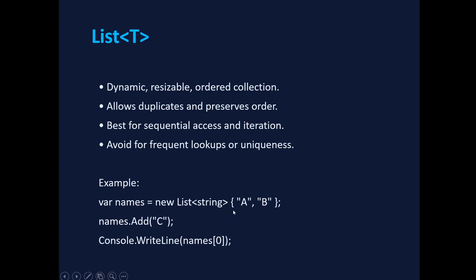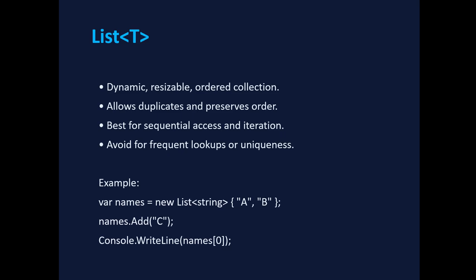We declare a list like this, and we can add items A and B. Access the first item using square brackets, and then remove an item by its value. It is simple and effective and handles most basic use cases well.